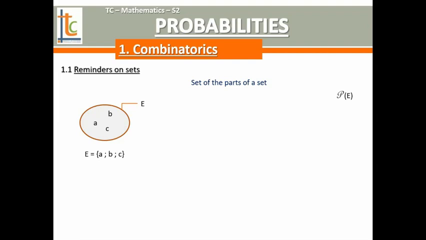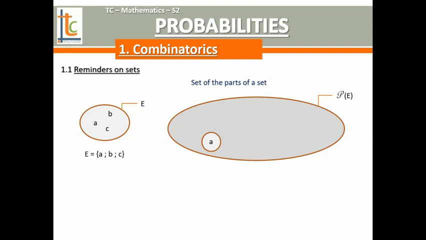So what are the different possibilities? You could say, I will only take one element, for instance A, or B, or C. Or I want to take 2 elements. So you can take AB, you can take AC, or you can take BC.